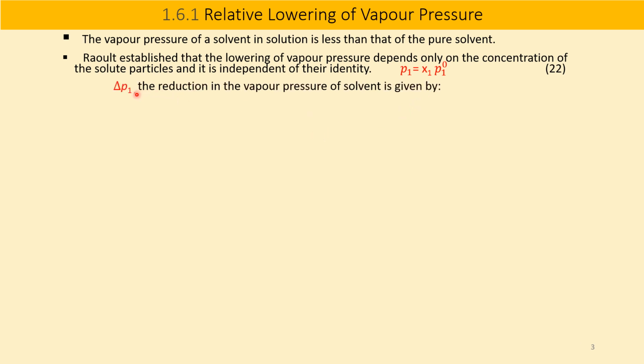Now, if you want to calculate delta P1, that is the change in the vapor pressure, it is given by delta P1 = P1 naught minus P1. Putting the value of P1 from equation 22, delta P1 = P1 naught minus P1 naught X1.